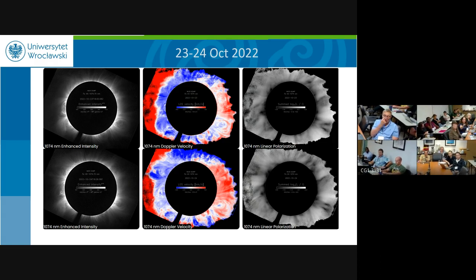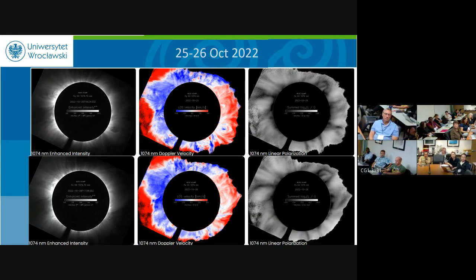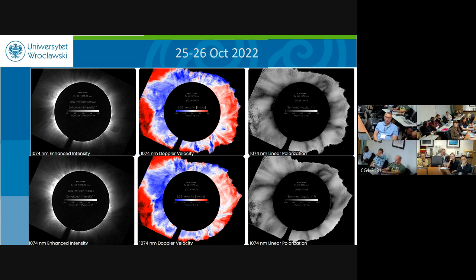These are observations from the 23rd and 24th of October. We can see that this structure is still visible, although we have some eruption meanwhile. On the 25th and 26th there was a final eruption and the structure disappeared.